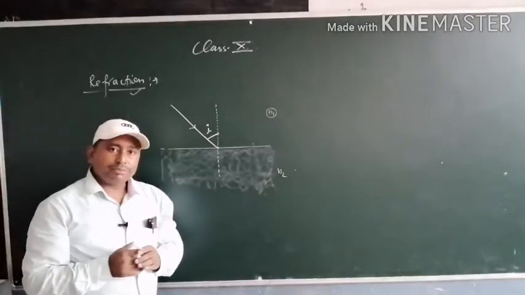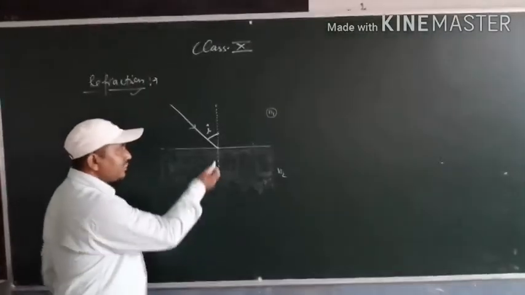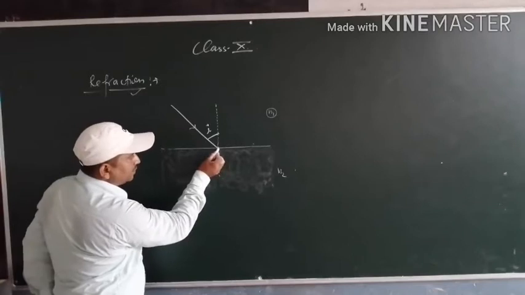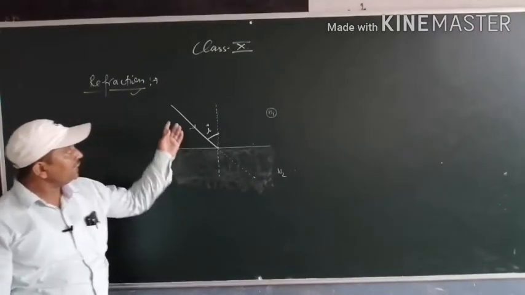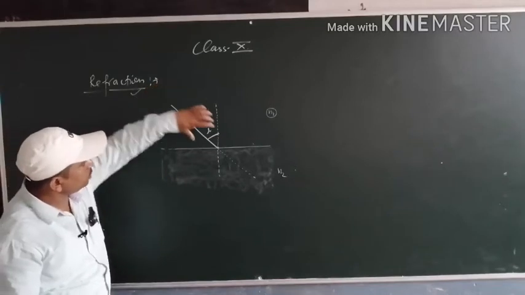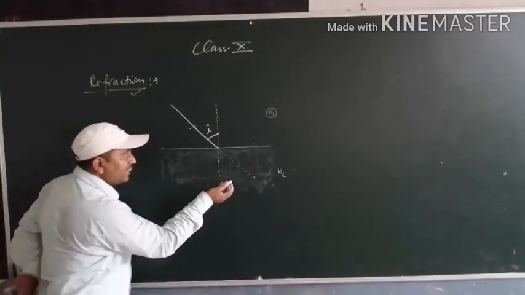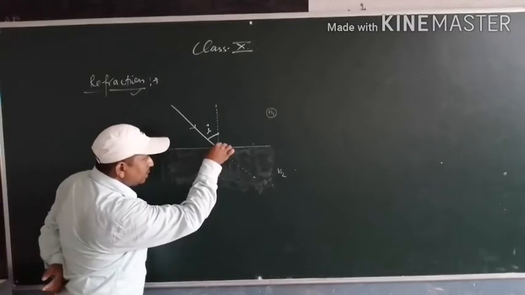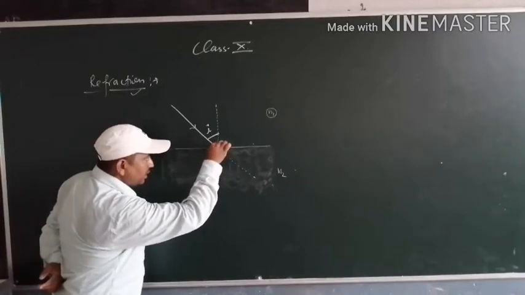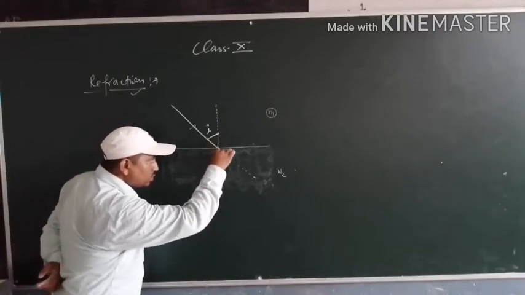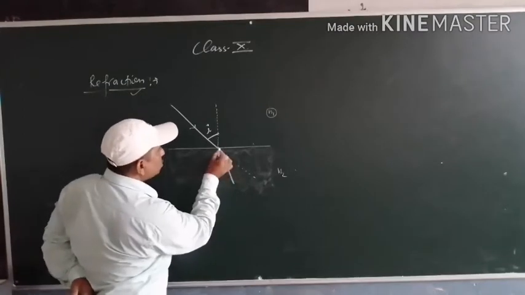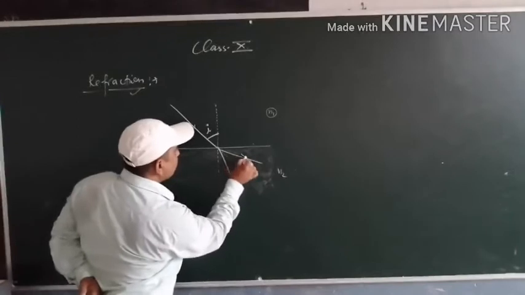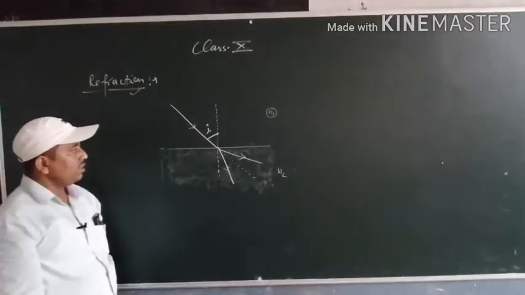The phenomenon of deviation of a light ray from its original track occurs when a light ray is transmitted from one medium to another. It means either it goes towards the normal or it goes away from the normal.